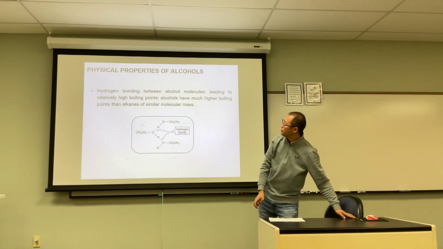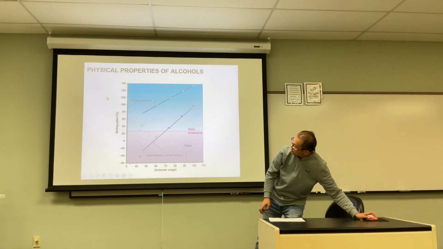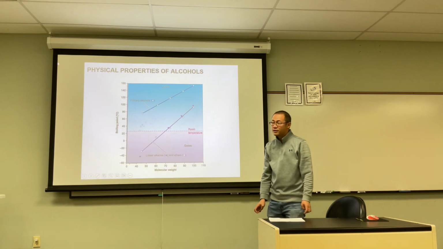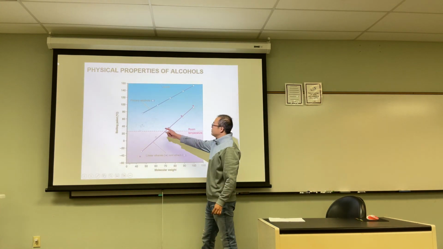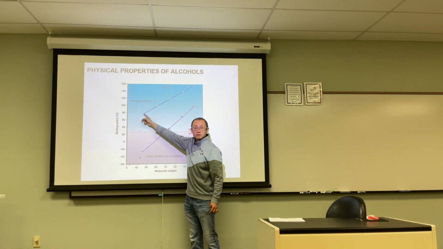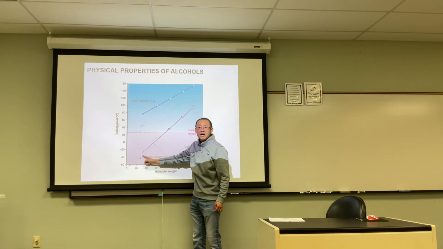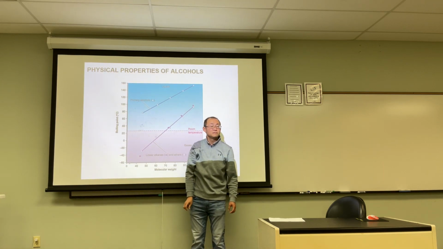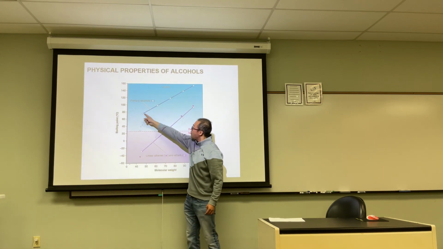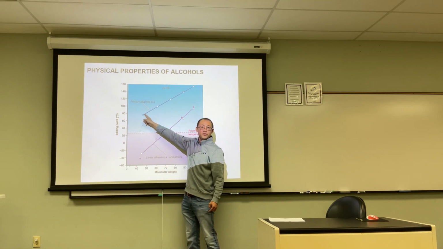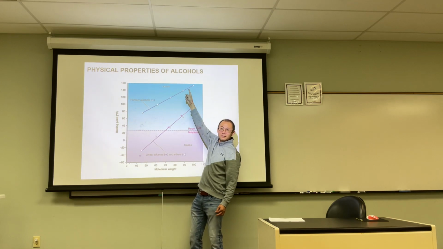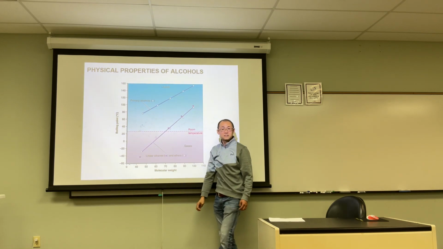Here is the chart showing you the boiling points. Alcohols have much higher boiling points than, take a look, the hydrocarbons. But for alcohols themselves, the boiling point also increases as the length of the chain increases.